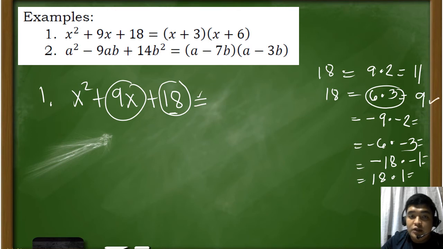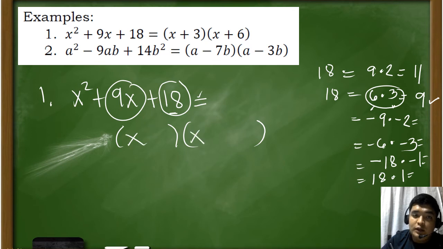So that is the answer. Therefore our factors are positive 6 and 3. Put parentheses: x, since it is x squared, so x plus 6 and x plus 3. Okay, so this is your factor.